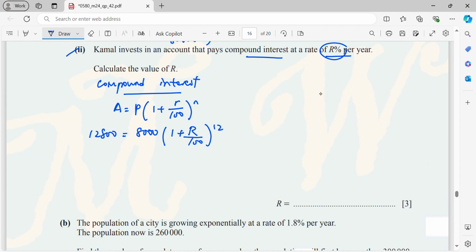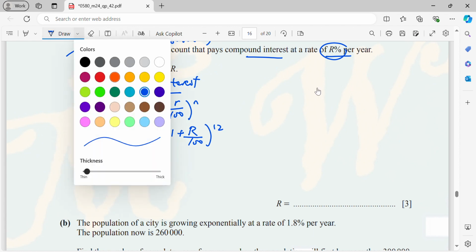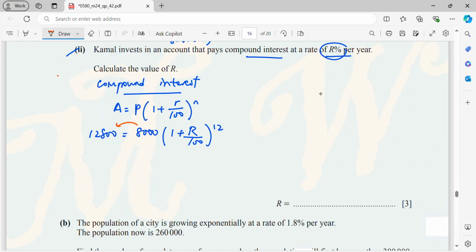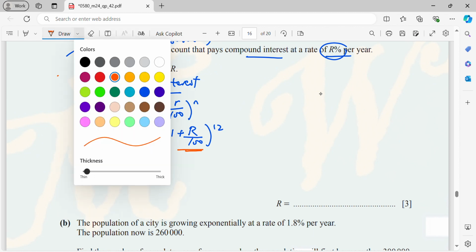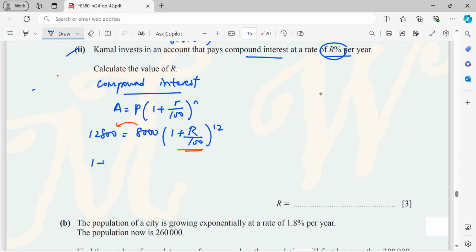So now from here, to get the capital letter R, I have to move down this 8,000. Okay, I keep this as one term first. So that is going to be 1 plus R over 100 to the power of 12. This is going to be 12,800 divided by 8,000. Okay, and then this power 12 can be moved to the other side, becomes power 1 over 12.